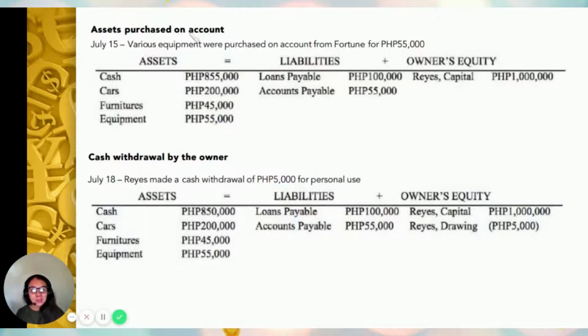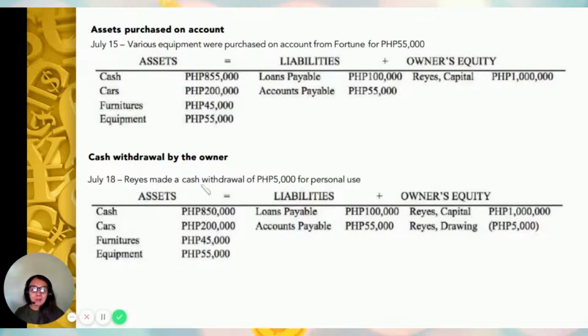From assets purchased on account, now we're going to look into cash withdrawal by the owner. When you say cash withdrawal, that means that the owner got money from the business for personal use. So July 18th, Reyes made a cash withdrawal of 5,000 for personal use.